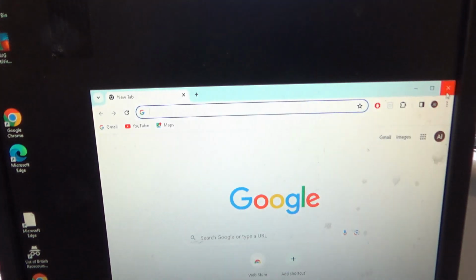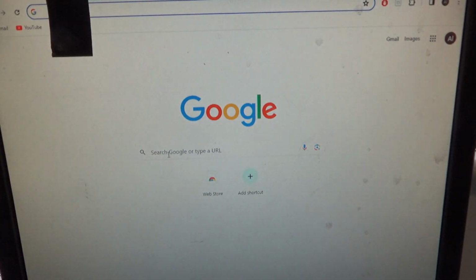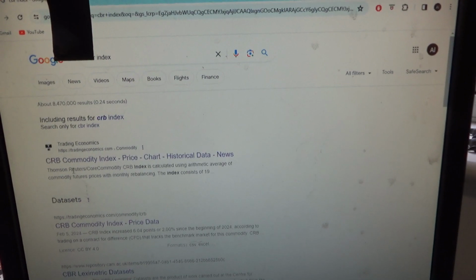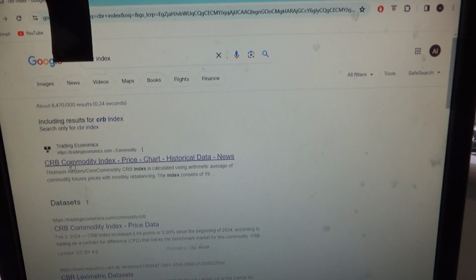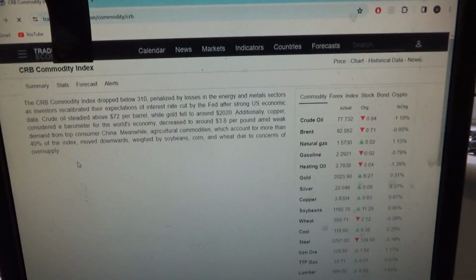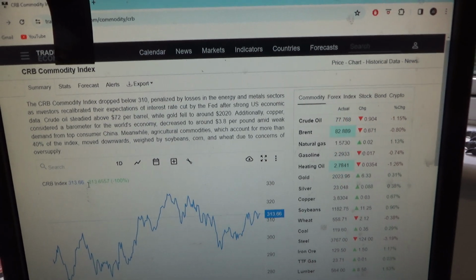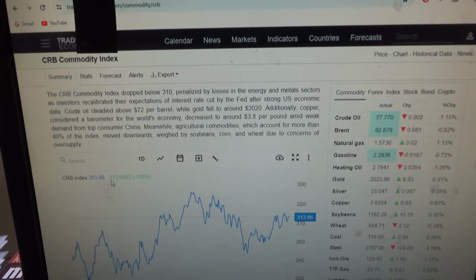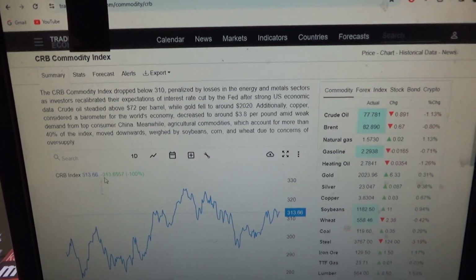Now we'll just go on to our third tool effectively, which is the CRB index. If you type in CRB index into Google and then go on to trading economics, you basically get this CRB, which stands for Commodity Research Bureau Index.